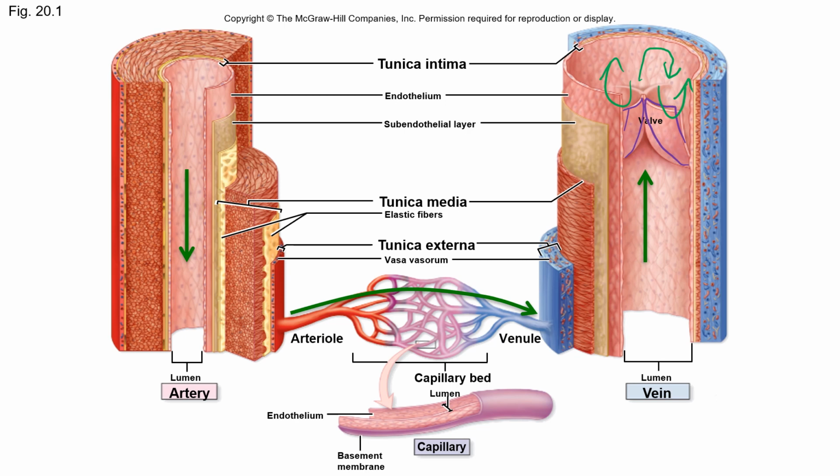Why don't we have valves in arteries? Because we have plenty of blood pressure in the arteries to make sure that the blood goes in the right direction. Okay. The other thing you'll notice is that the lumen of the vein is considerably wider than the lumen of the artery, right?